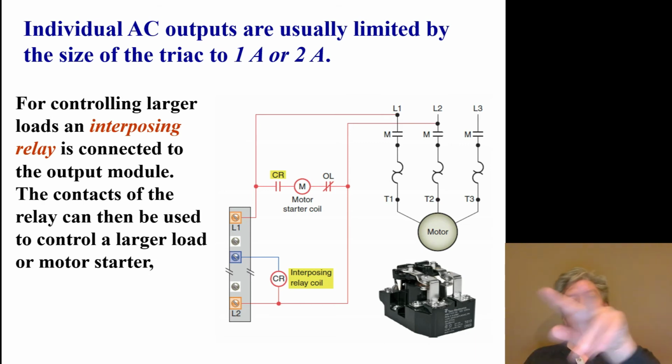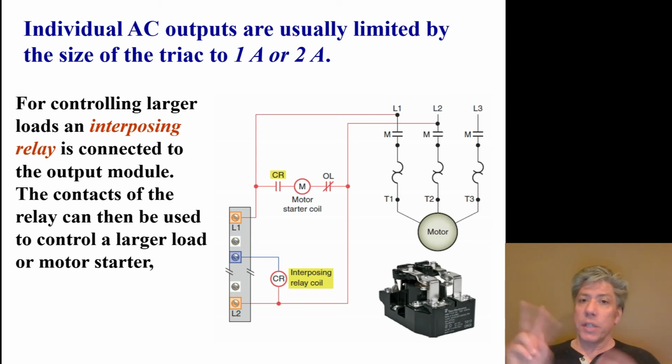L1 and L2 are connected to the output module because you have to have field power somewhere. So there it is. And then there's an interposing relay so that the output, which is the blue terminal, turns on the interposing relay coil. It drives that, which closes switches, which then turns on the main switches, the CR switch you see there, that allows current to flow through the larger motor coil starter and then turn on the motor.